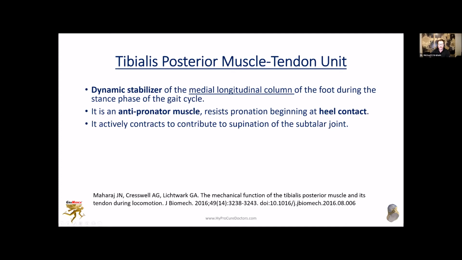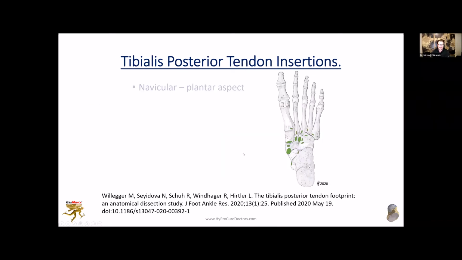After heel strike, it's going to actively contract, and then it's going to contribute to supination of the subtalar joint just prior to heel lift. And then the foot goes on to the swing phase. So it is a primary supinator of the subtalar joint in the late stage of the gait cycle.